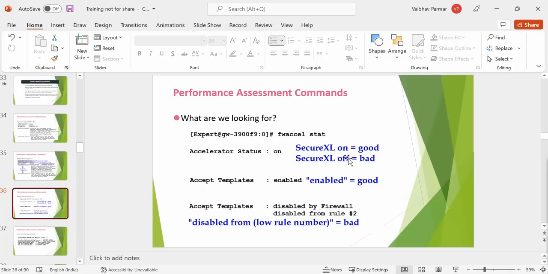It's just saying, okay, if we are enabling SecureXL, is it good or bad? Of course, it depends, right? It's not that all the traffic we have in the real world will be processed by SecureXL. So why do we need to have CoreXL also in place?